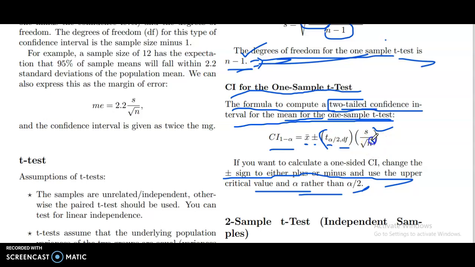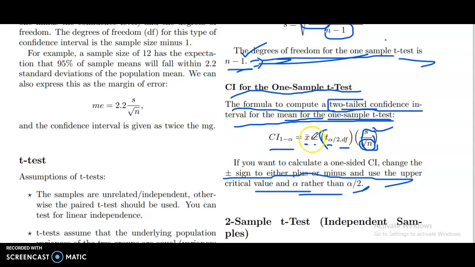So take the root of the total n for the reduction, divide the s value by this value, then multiply with t alpha divided by 2 comma df.